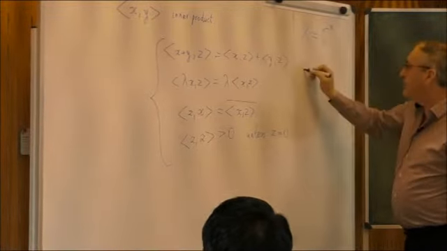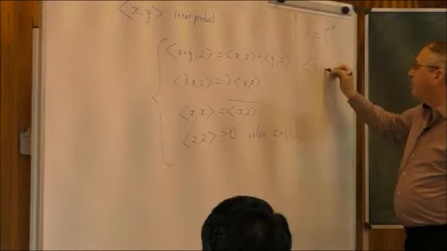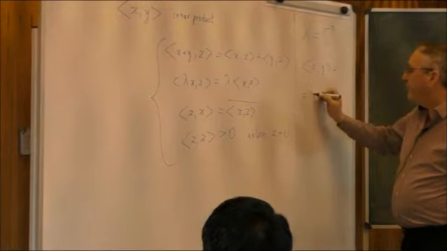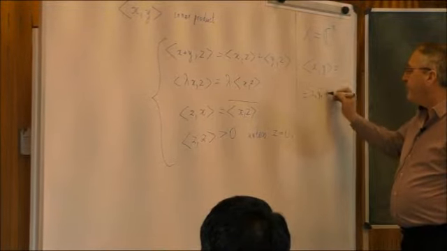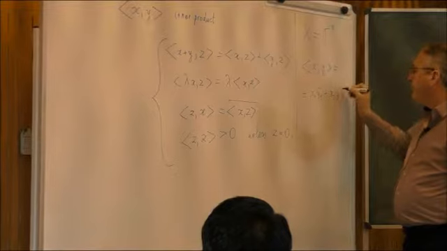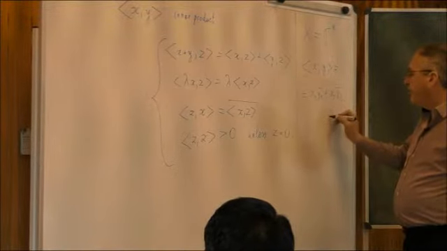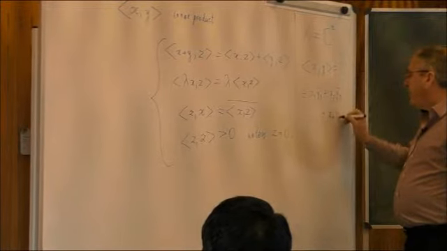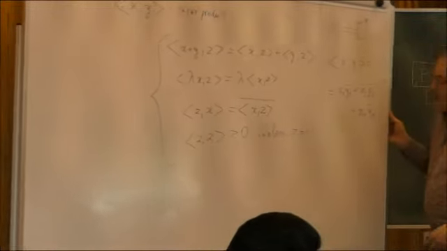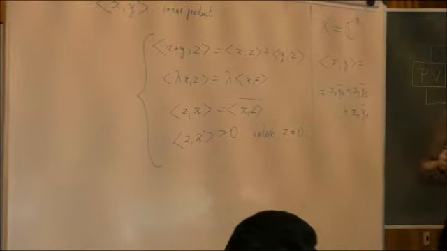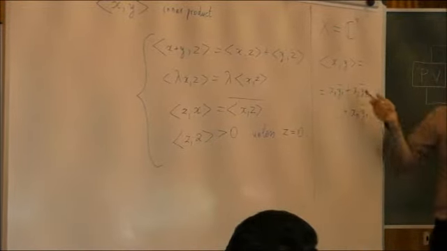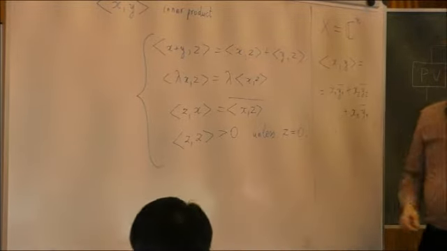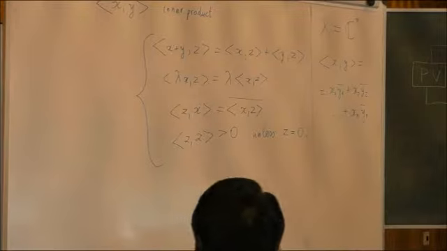Then the inner product of two vectors X and Y is the sum: x1 times y1 conjugate plus x2 times y2 conjugate, and so on, up to xn times yn conjugate. That is the usual inner product used in linear algebra, and you can easily see that it has all those properties.